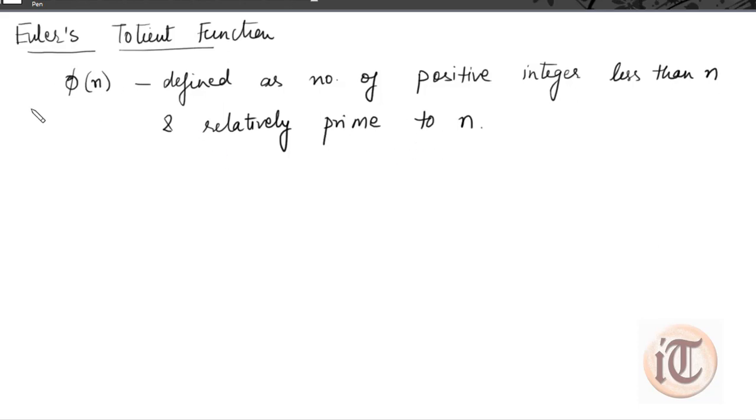First we have to understand what we mean by relatively prime. Relatively prime means if two numbers, say a and b, are called relatively prime if GCD of a comma b is equal to 1. How we calculate GCD, you already know.